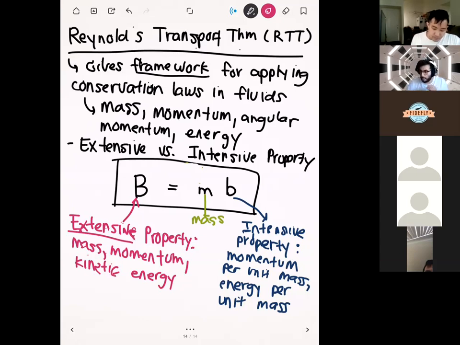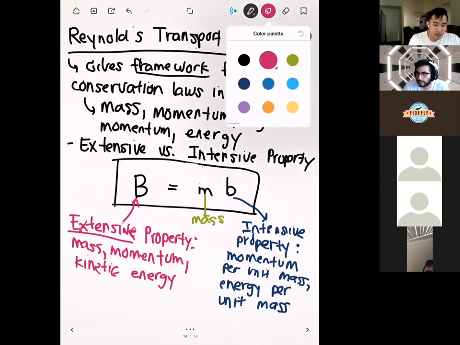Whereas an intensive property doesn't depend on the amount of mass. It doesn't matter how many tissues you have. You can have 1 million tissue papers, they're still going to have the same density because density is an intensive property. But with 1 million tissues, the actual mass will be more. The idea behind the Reynolds transport theorem is that it connects the rate of change between these two.